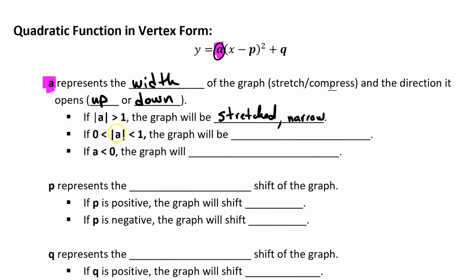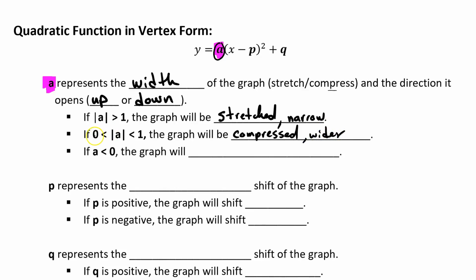If the absolute value of A, or just the numbery bit, the positive numbery bit of A, is between 0 and 1, the graph will be compressed or wider.